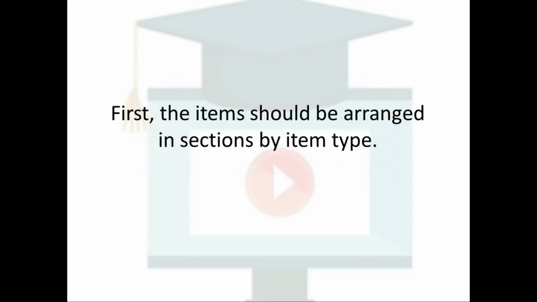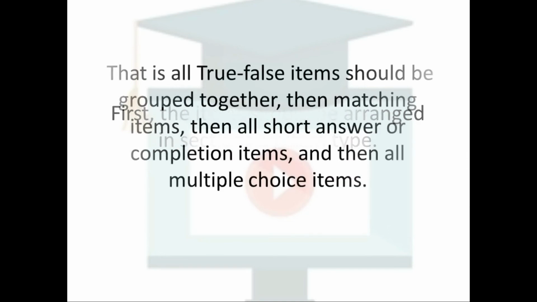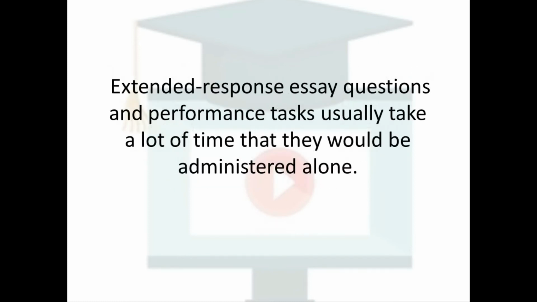First, the items should be arranged in sections by item type. That is, all true-false items should be grouped together, then matching items, then all short answer or completion items, and then all multiple choice items.